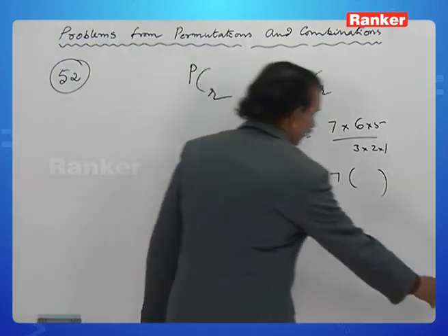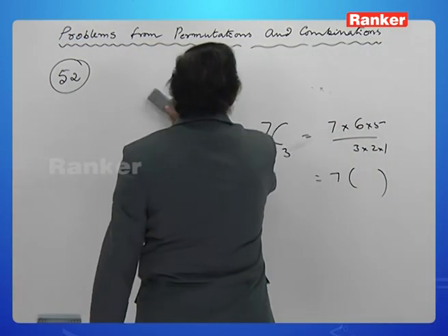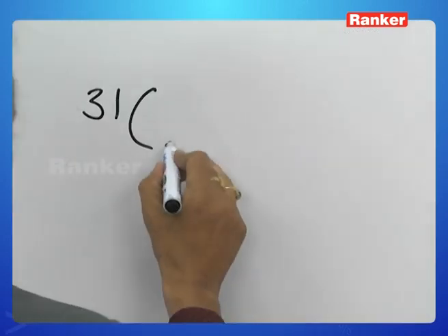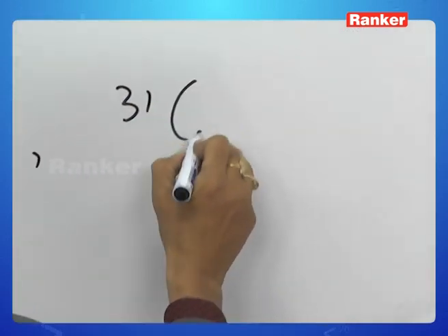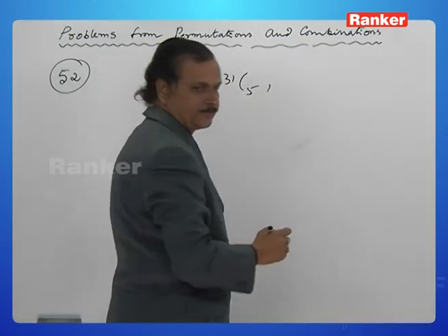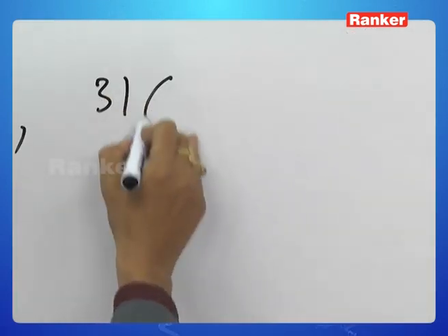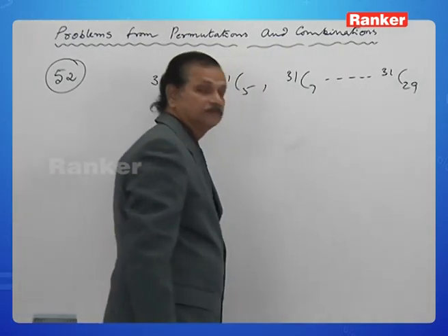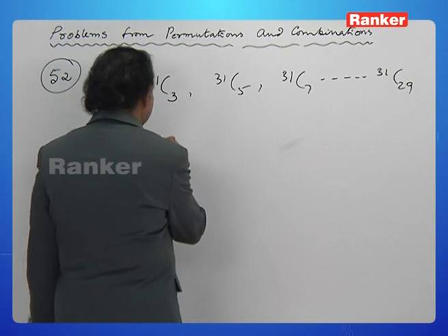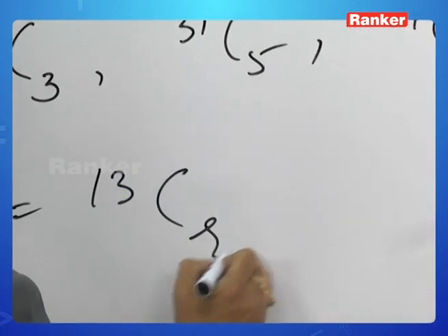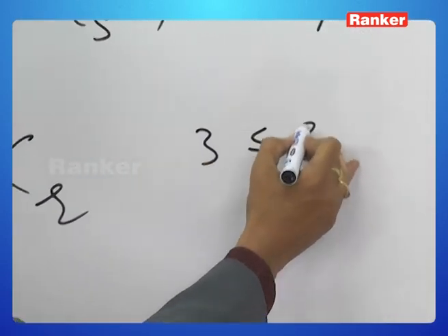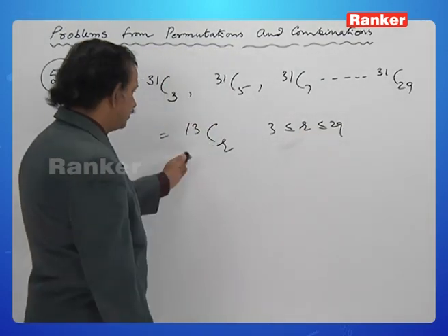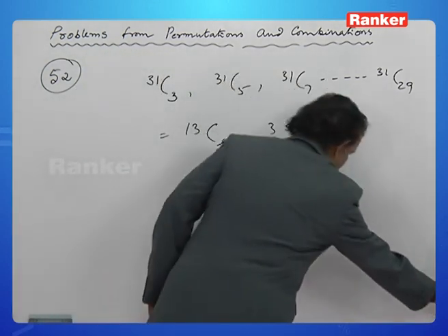Therefore, first of all, 31 is a factor of 31C3, 31C5, 31C7, etc., 31C29, which is equal to 31CR, 3 less than or equal to R less than or equal to 29.